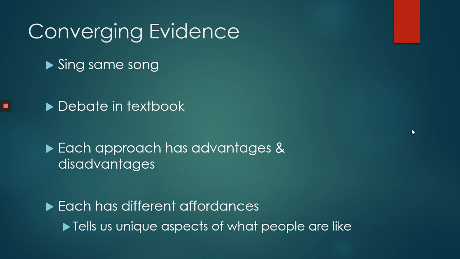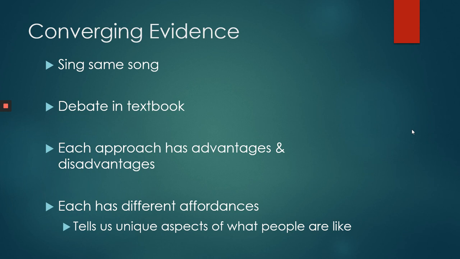And basically the key point here is that each methodology, when we're talking about the self-report versus observer versus informant, etc., and also this nomothetic versus idiographic general approach to research, each of these methods and each of these approaches, general approaches, have different affordances.